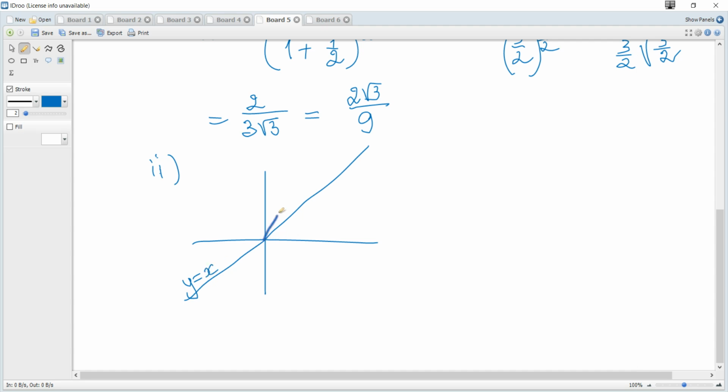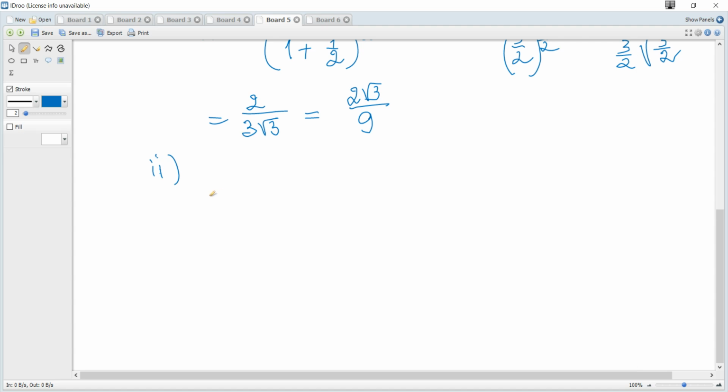For example, when a curve looks like this, its inverse looks like this, and definitely they have the same shape, so they have the same values of curvature, so the maximum curvature also will be the same.